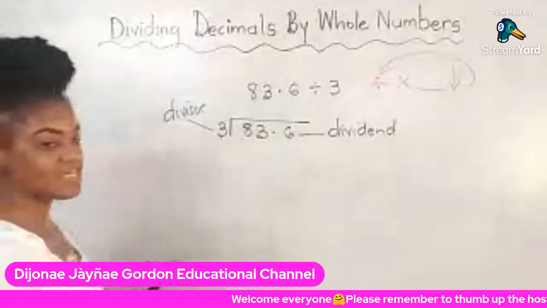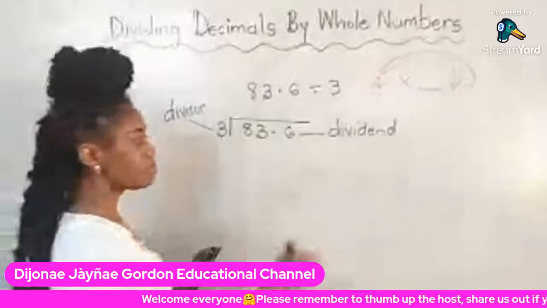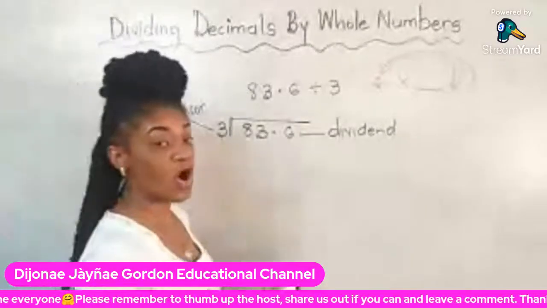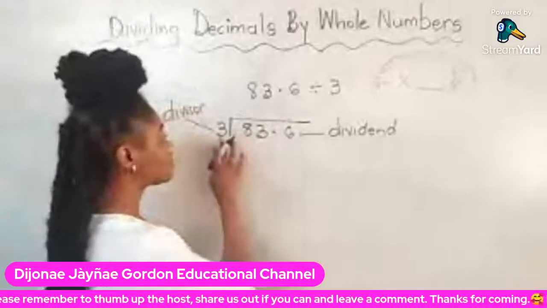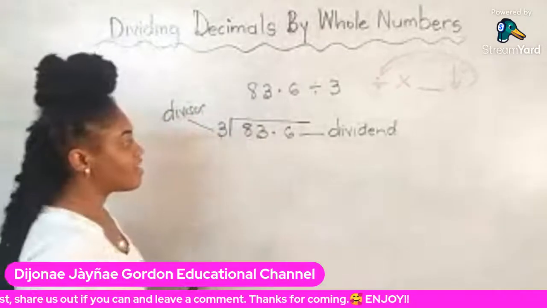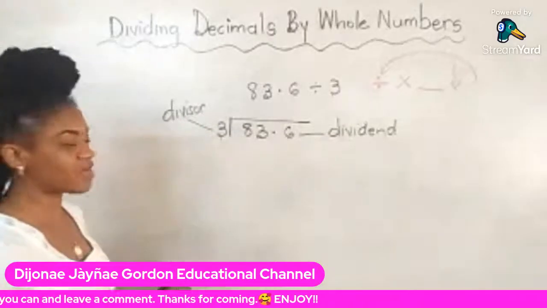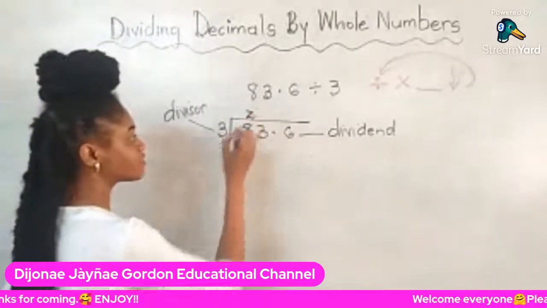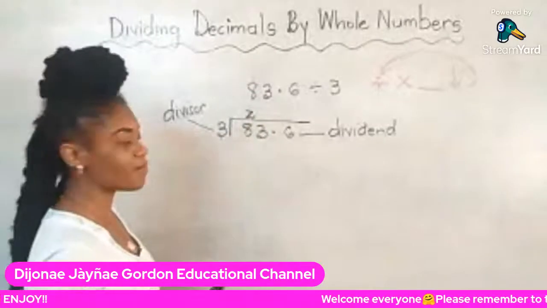All right, so first thing first, look at this. First, you're going to say to yourself, how many groups of threes can you get from 8? We can only get 2 groups of threes from 8.